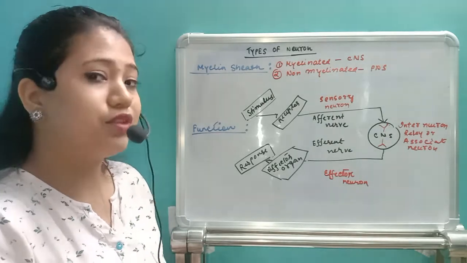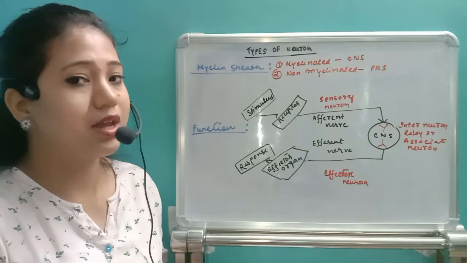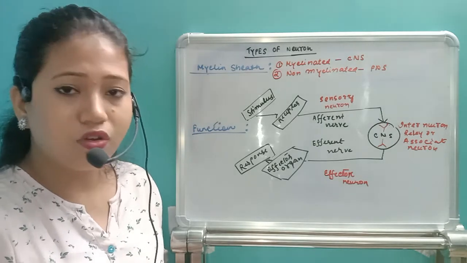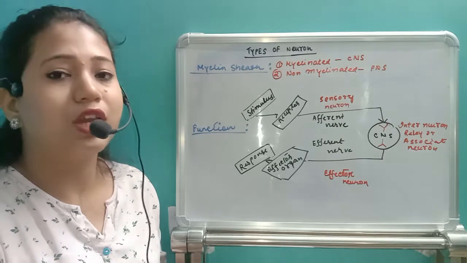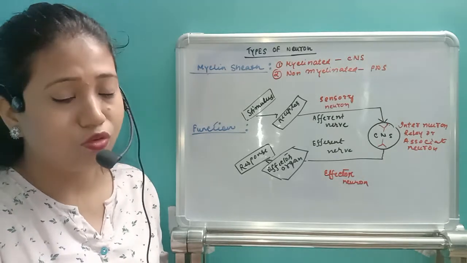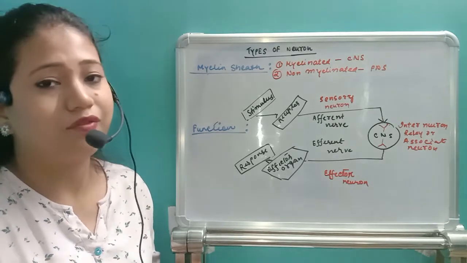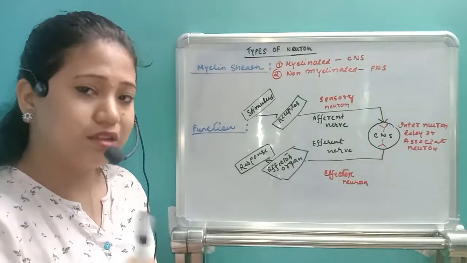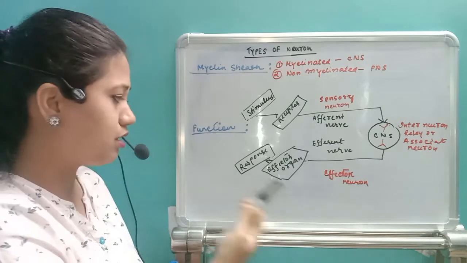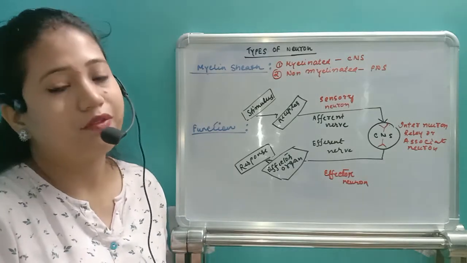Second, function-wise, we have three types of neuron: sensory neuron or afferent neuron, you can say. Now in the central nervous system, we can have relay neurons or interneurons. Then the last one, we have the neuron which will take the response. That will be called the effector neuron.